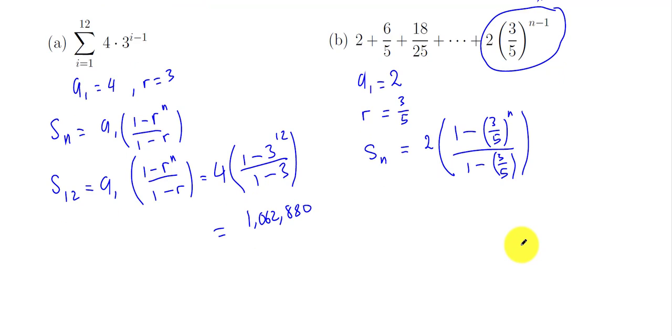We can simplify this further. So Sn is still equal to 2 times 1 minus 3 over 5 to the n power, over 1 minus 3/5, that is 2/5.